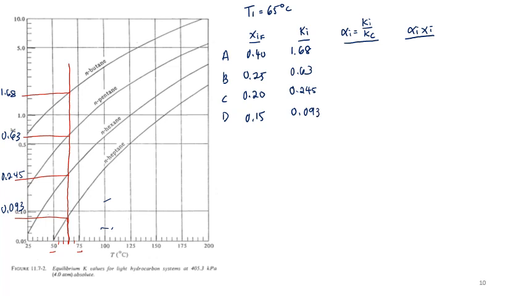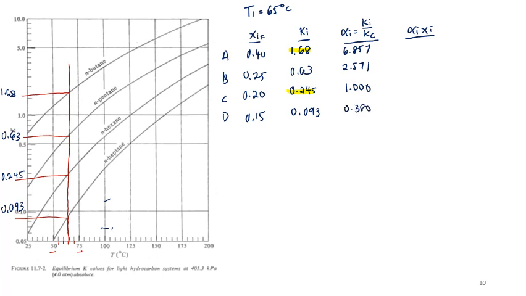Okay, next we calculate the alpha. So alpha i equals Ki over Kc. So alpha A is Ka over Kc. So you can punch the calculator to calculate what is Ka divided by Kc. So let's say you have done it and you got the values. You can check the values if you do it on your own. 0.380.